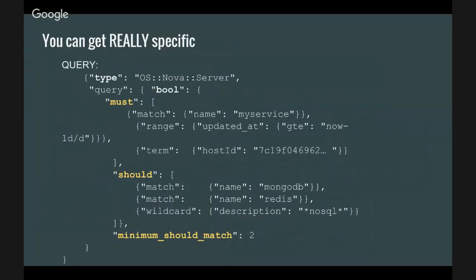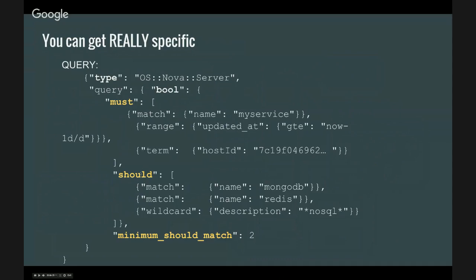With the queries, you can actually get really specific. I hope this isn't too hard to read there in the room, but I was showing the simple kind of query: just a type and a few ands or ors. But since we're leveraging the Elasticsearch syntax, you can actually do really specific things. You can have a query, for example, that says, I must match certain things. I must have a certain range of, say, greater than or equal to a certain date or between a certain date range.